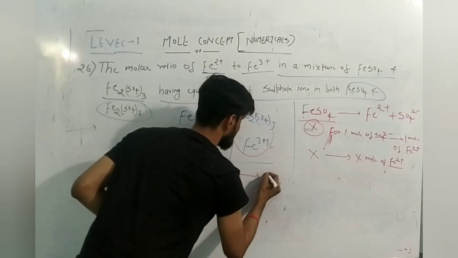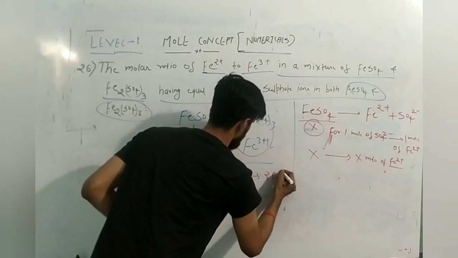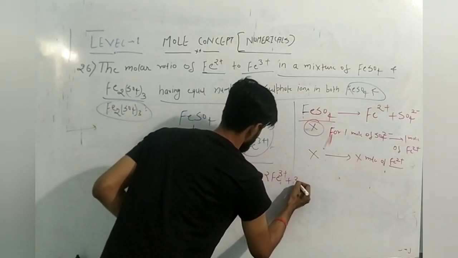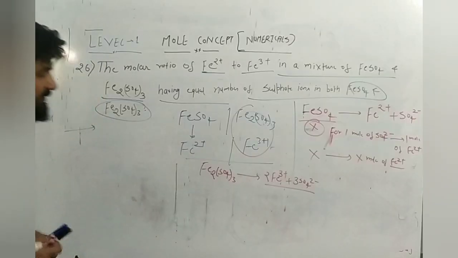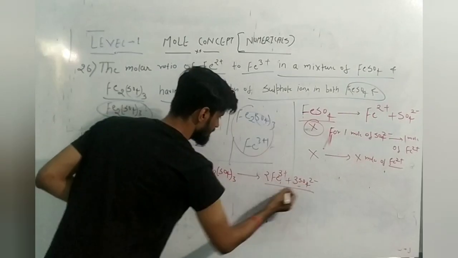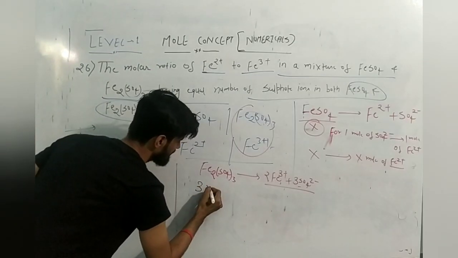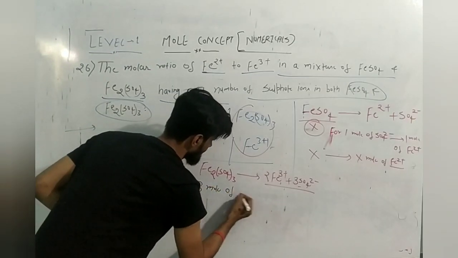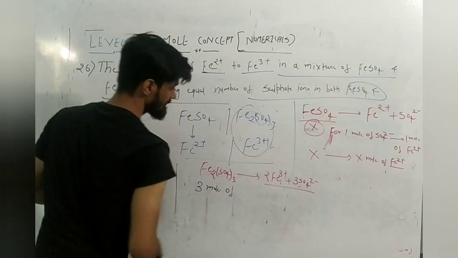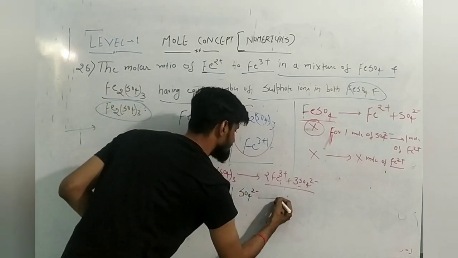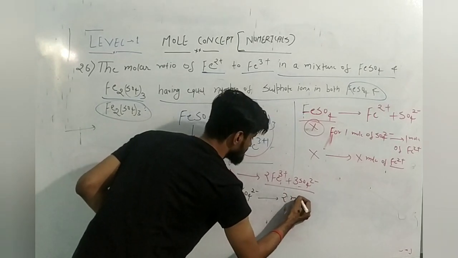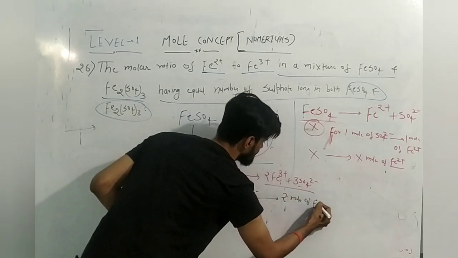Now again, Fe2(SO4)3 is converted into 2Fe3+ and 3SO4 2-. So from here, 3 moles of SO4 2- will give 2 moles of Fe3+.